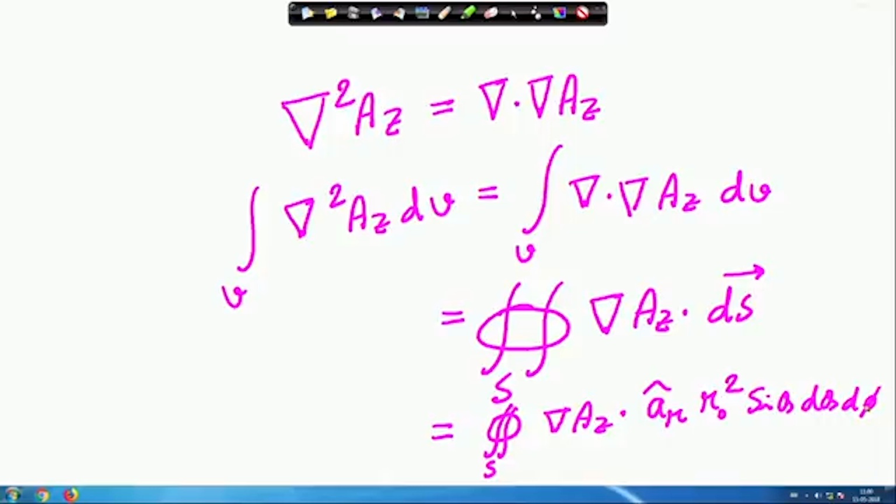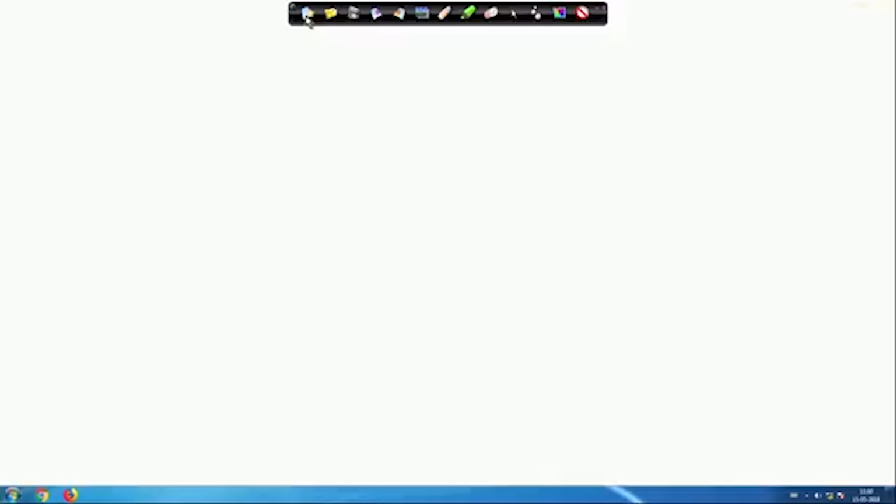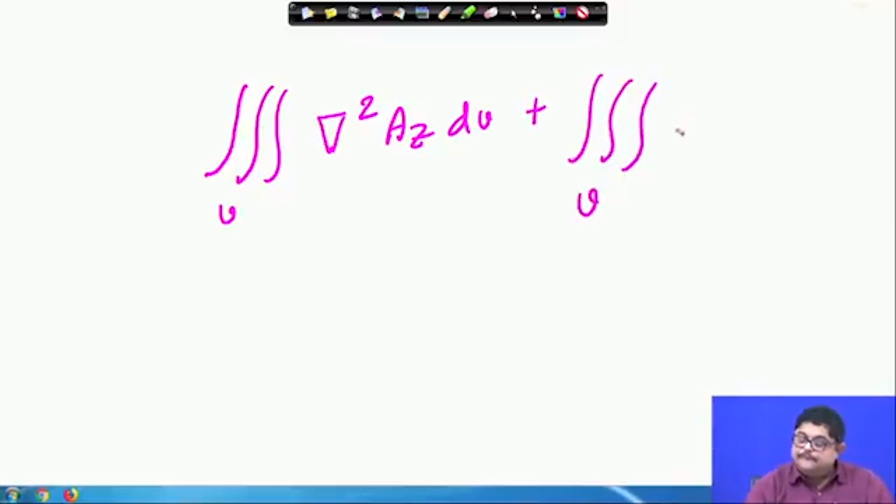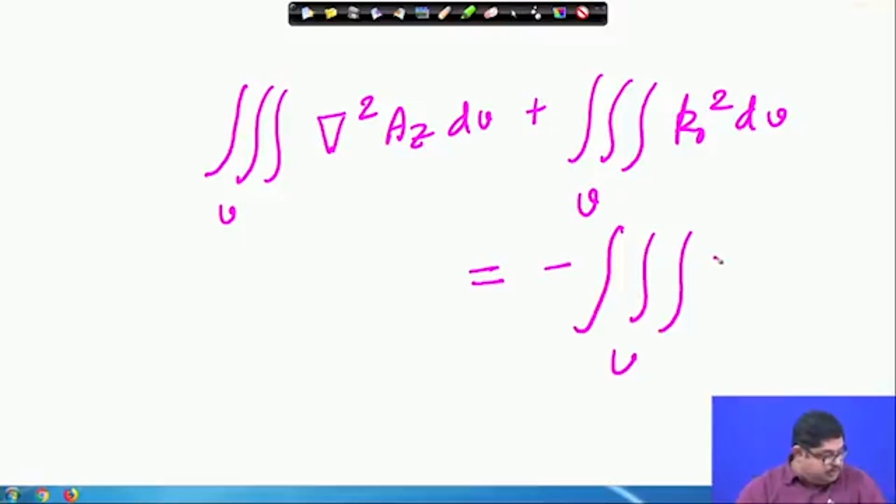So, putting this in the scalar Helmholtz equation, while integrating, our actual equation will be the volume integration of del square A z dV plus k naught square A z dV is equal to minus the volume integration of mu naught J dV.